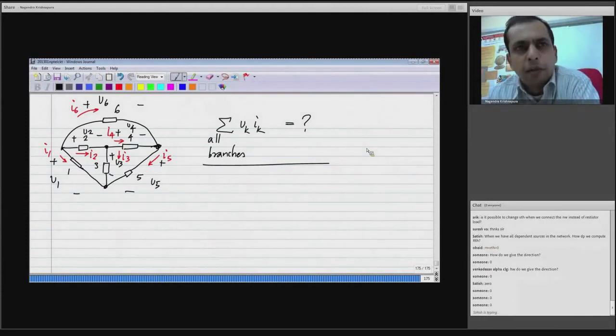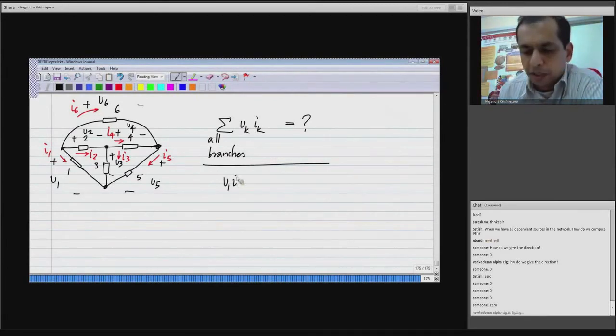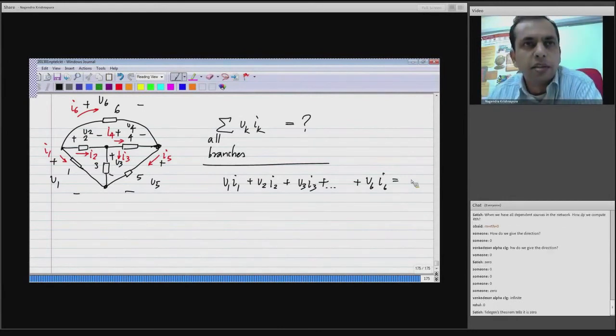Actually, there are many people who are still asking questions. I will deal with them soon after I deal with this particular thing. That is, in this particular case, I sum the power in all the branches, V1I1 plus V2I2 plus V3I3 plus up to V6I6. What is it going to be?